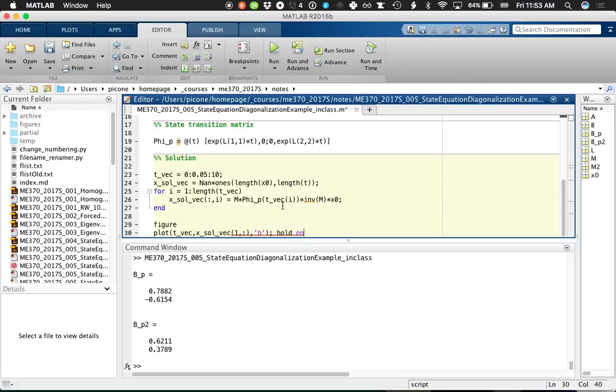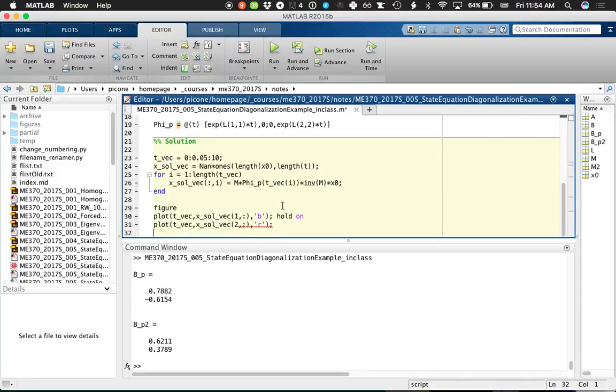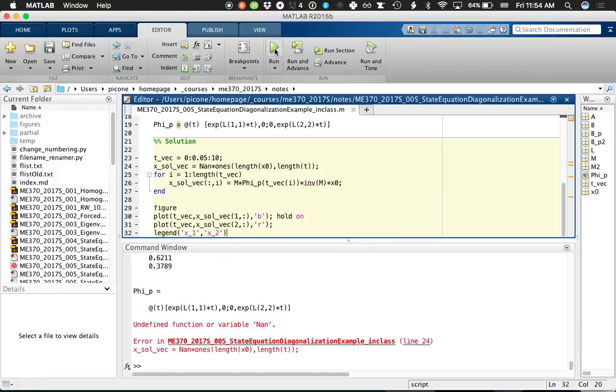Hold on. And then I'll plot the second row, which is x2, and I'll make it red. And I'll do a legend x1, x2, and let's see if this runs. Oh, I gotta capitalize the n. And define variable t.